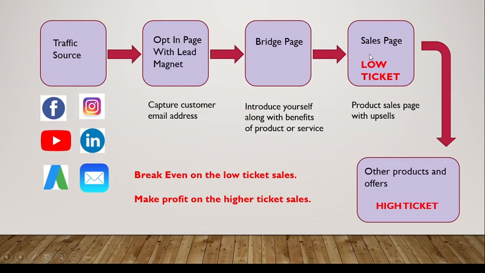At the sales page, they're at the lower end of your sales funnel. They're also at the lower end of the value ladder. You've still got high value but low cost. So the idea is to break even with low ticket sales and then make profit on higher ticket sales. That's the basic marketing concept using a sales funnel.